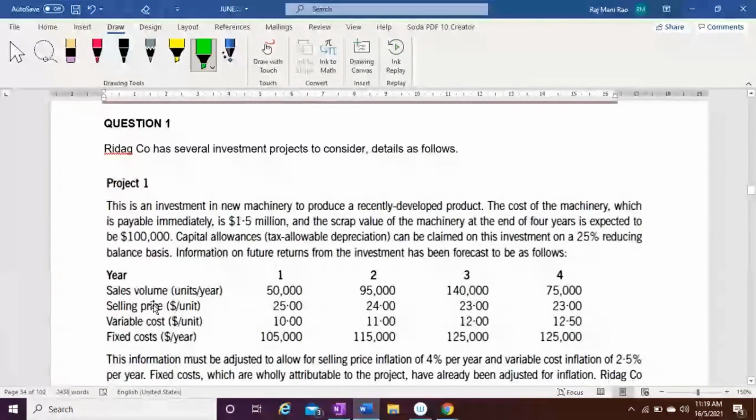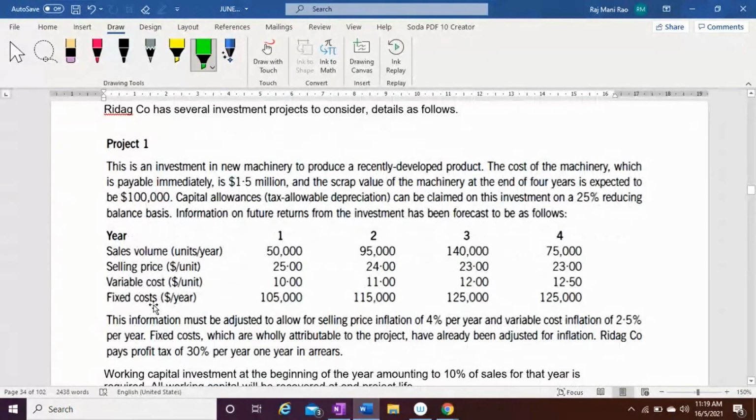So let's look at project 1. This is an investment in new machinery to produce a recently developed product. The cost of the machine, payable immediately, is 1.5 million. Payable immediately means when?